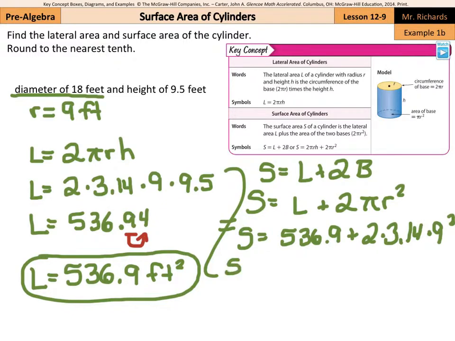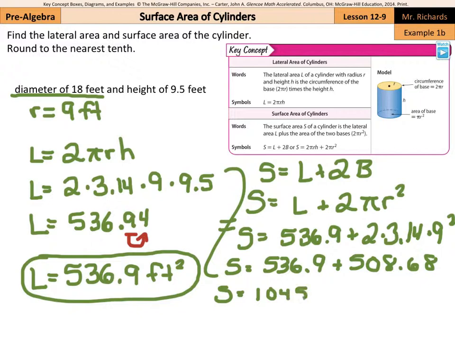So surface area is equal to that lateral area again, 536 9/10, plus when I take my 2 times 3.14 times 81, since 9 squared is 81, we get 508 68/100. When I add these together, we end up with a sum of 1,045 58/100 feet squared.